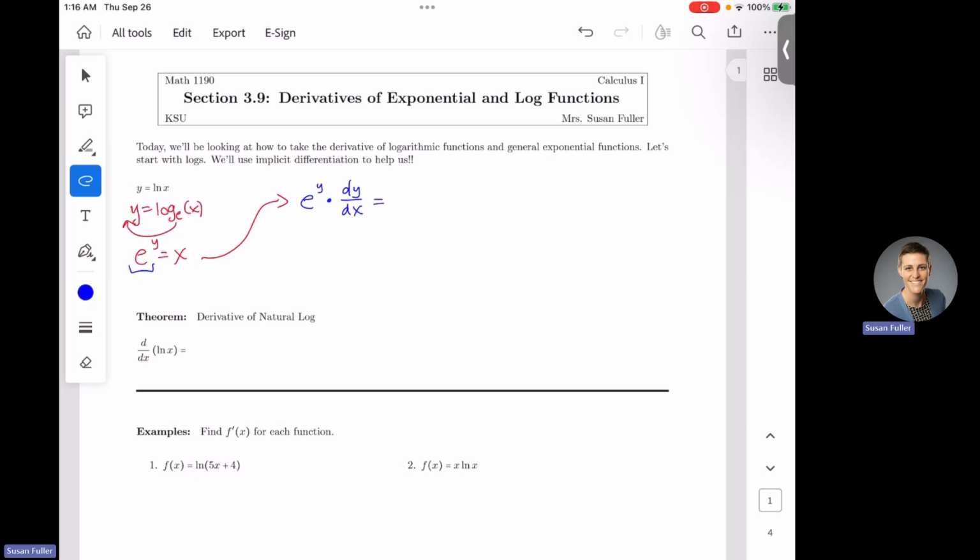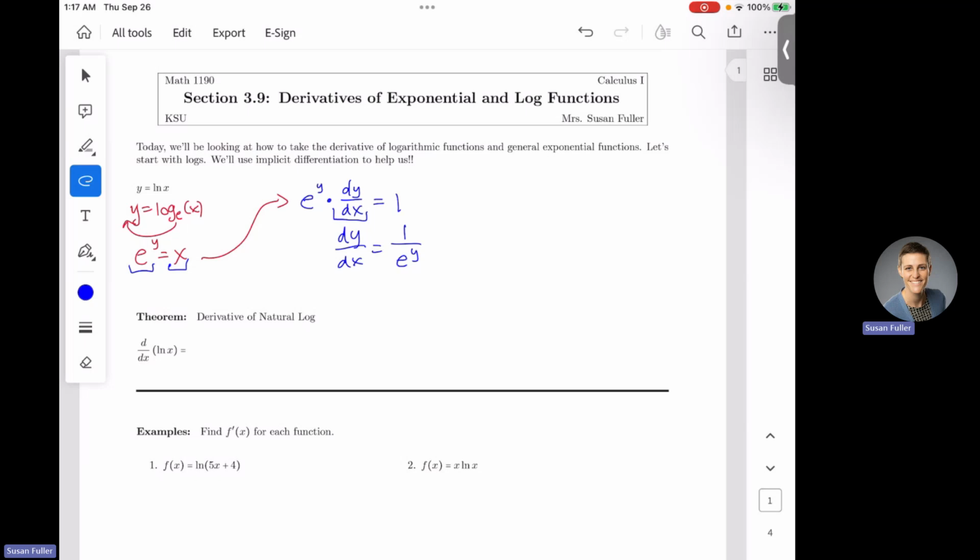And we got to take the derivative of the other side. What's the derivative of x? Yep, it's 1. And we're going to solve for dy dx. And so to get dy dx by itself, I'm going to divide both sides by that e to the y. And I have dy dx.